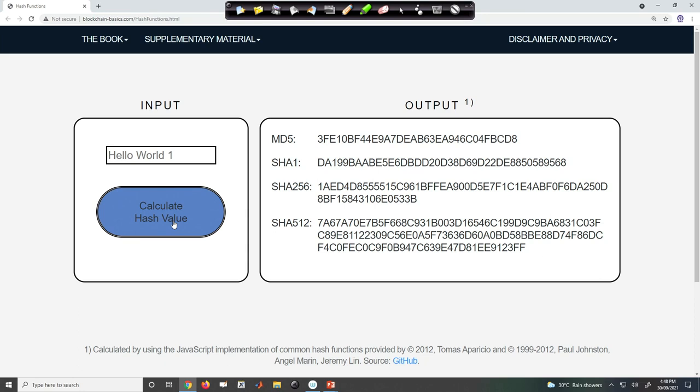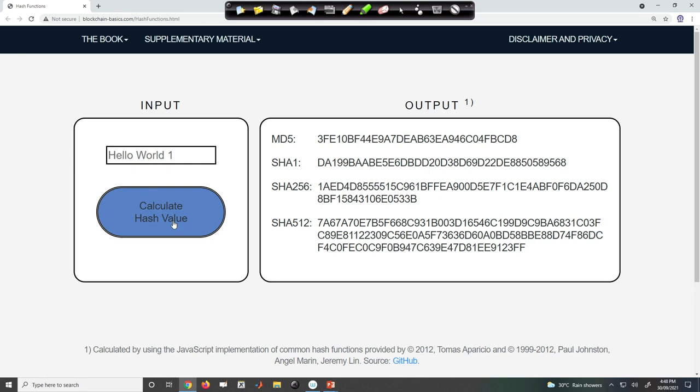The third point, which is very important, is what we mentioned as the avalanche effect. Just because I changed this input text by only a small value, like putting a space and then 1, immediately we see that the output hash is completely different. The hash for hello world and the hash for hello world space 1 are completely different. That means that just by knowing the hash for a given input, you cannot figure out the hash for one you do not know.